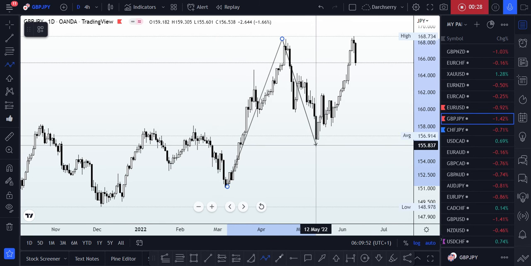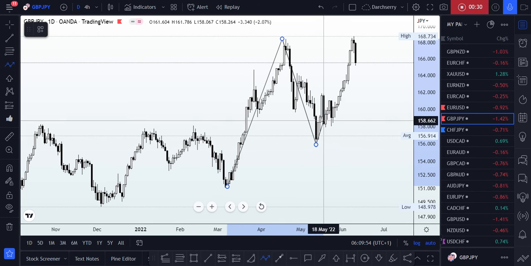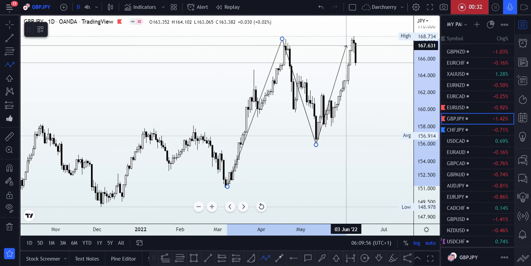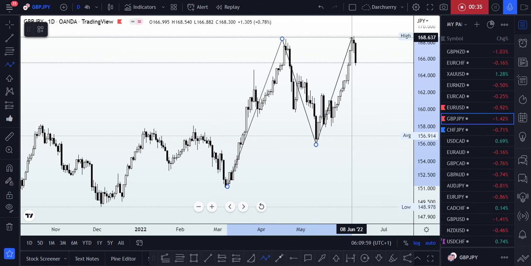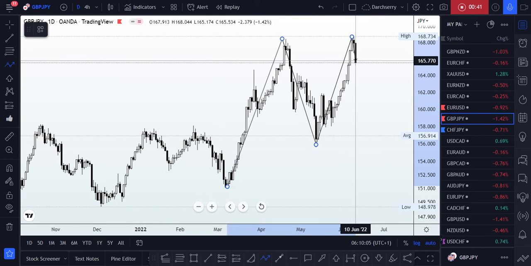However, since the beginning of May, we saw another bullish move that saw price appear to culminate at that same 168.500 area, which was followed by a bearish engulfing candle going into the later part of last week's trading session.